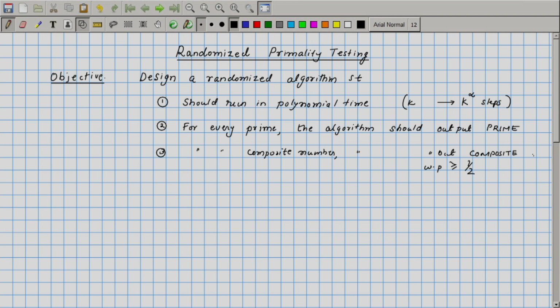Okay. So, this probability is over the random choices that the algorithm makes, and this should be true for every composite number.